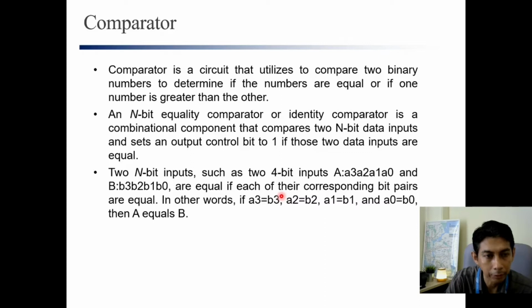The first one is the magnitude comparator, where we compare the magnitude of the data, or positive numbers only. But if you want to compare positive and negative numbers, we need to use the arithmetic comparator that we will learn after this.